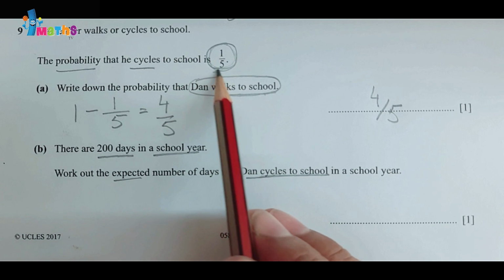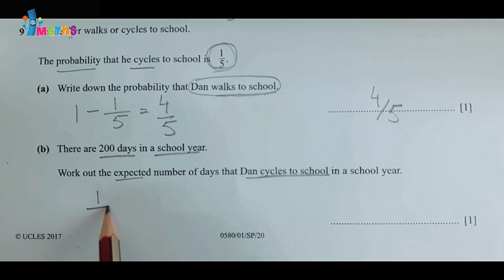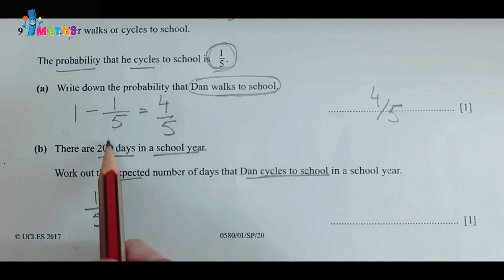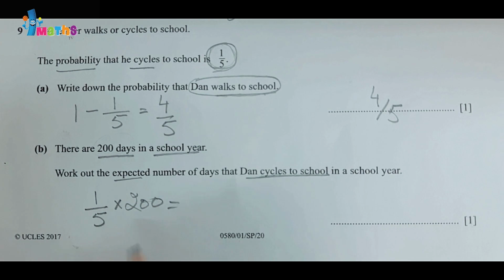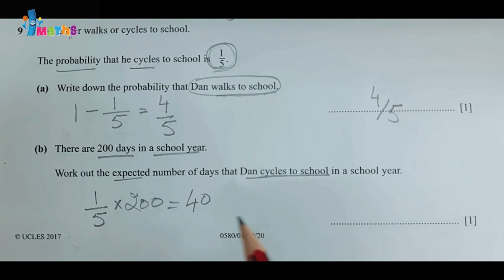So 1 over 5 multiplied by 200 days. Let us check with the calculator. So 1 over 5 multiplied by 200 will be equal to 40. So answer will be 40 days.